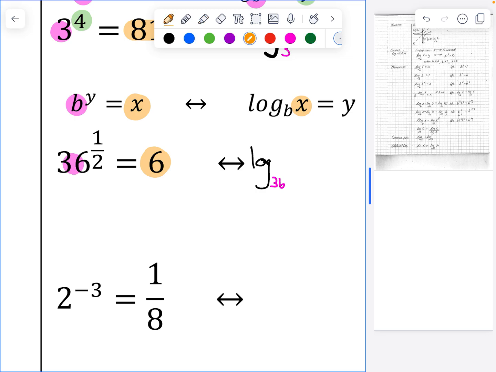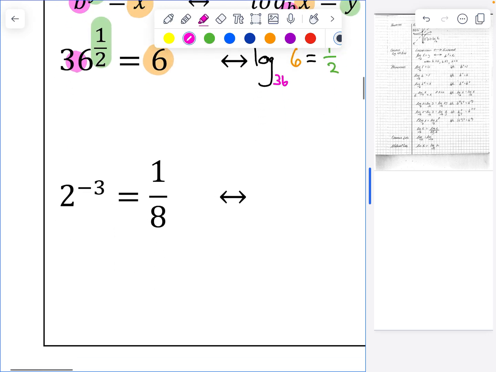And so right here, I'm going to put a 6. And that must have been a half, which is going to go right here. And there. Okay, let's try again one more time.